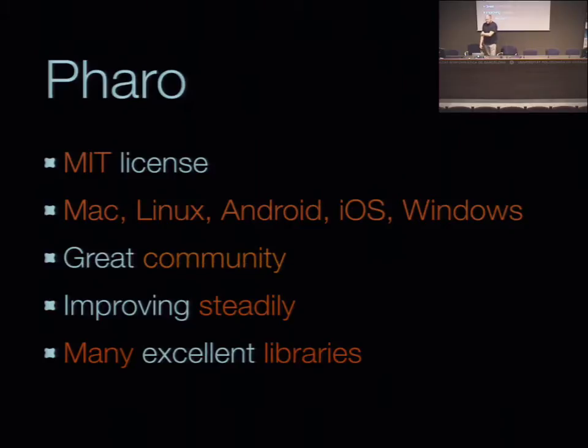One interesting aspect is the community. We have around 500 people on the mailing list, maybe in the meantime 600, that are there to answer questions and that every day help and build and commit fixes and things like that. And it's improving steadily, and steadily means literally every day. So every day we have a tiny, tiny thing that we improve in the system.